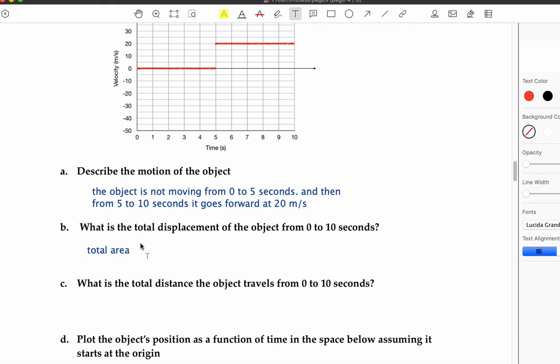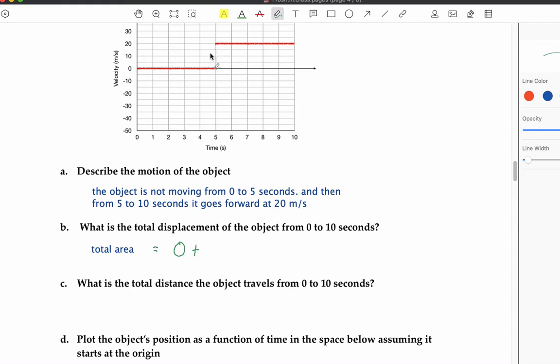We'll just note that from 0 to 5 seconds, the area is 0, plus the area of this rectangle right here. That shaded area is going to be a width of 5 and a length of 20. So 5 times 20 equals 100 meters.